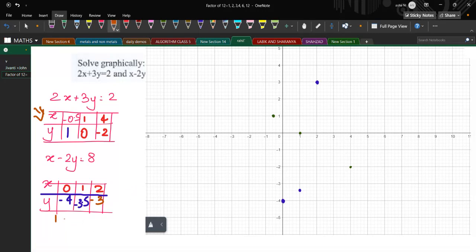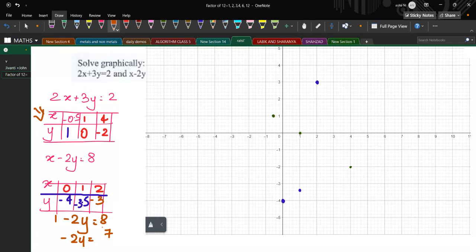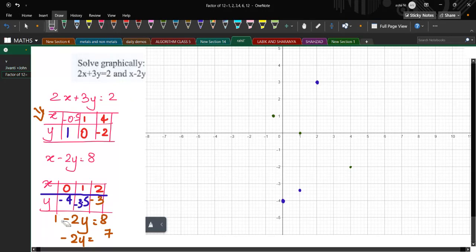1 and minus 3.5. X is 1, so 1 minus 2y is equal to 8. So minus 2y is equal to 7. So half of 7 is 3.5. Okay, let's change the value and see.